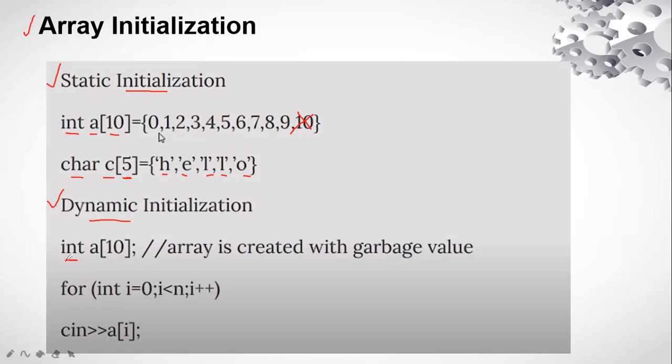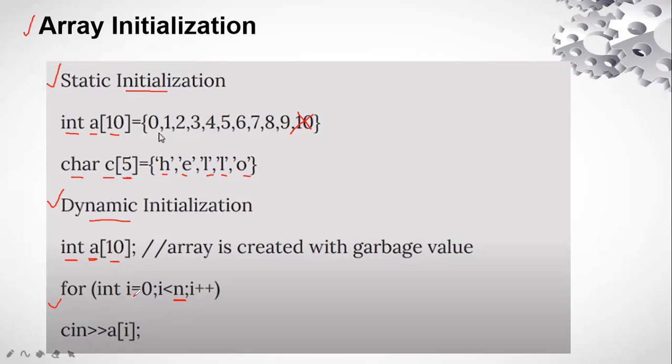Here this is the data type int, this is the name of the array a, and this is the size of the array, that is 10. Now what we are doing is starting up the loop. We are taking the for loop. Why? We are initializing and incrementing until we get the value as n, which is 10.